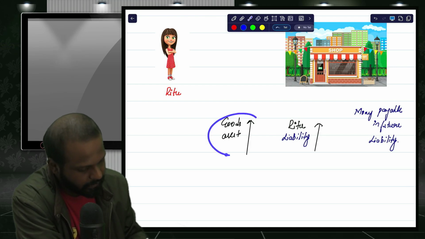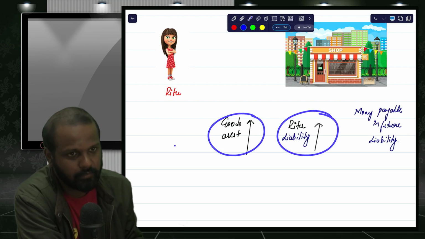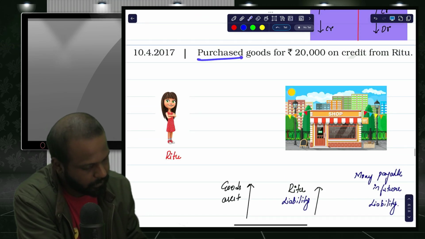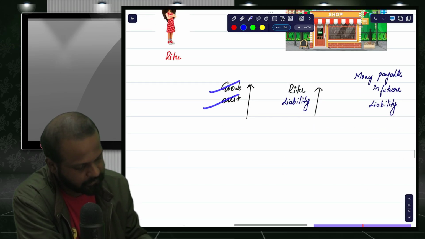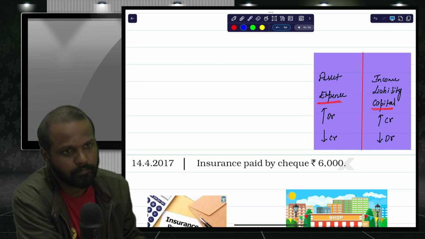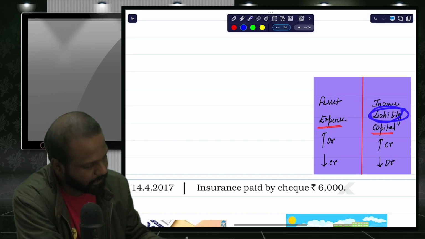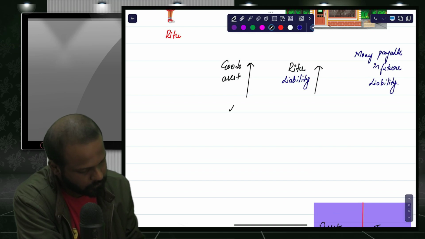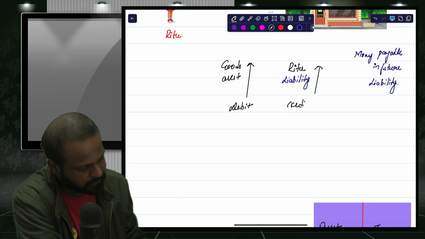So we have to create an asset and we have to create a liability. So whenever you purchase the goods, goods increase, asset increases, debit, and liability increases, credit. So asset increases, debit; liability increases, credit.